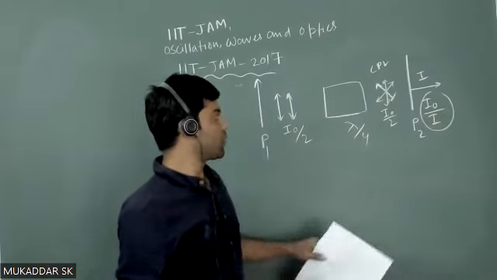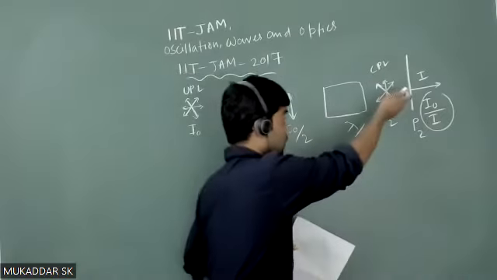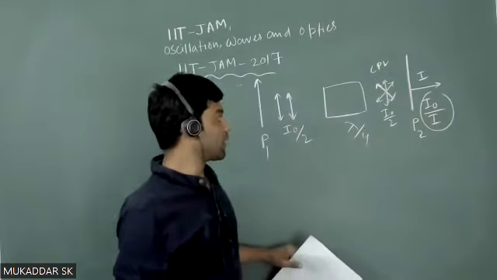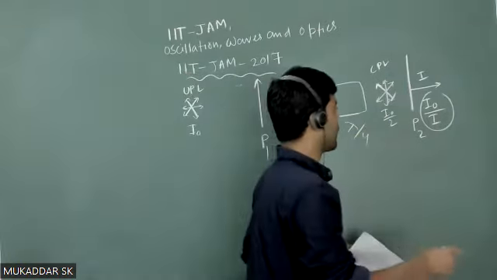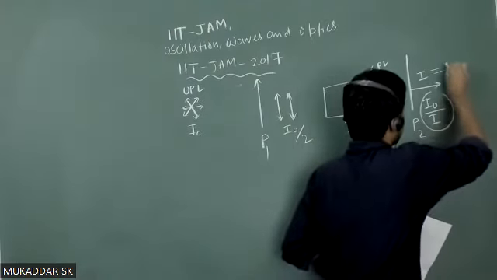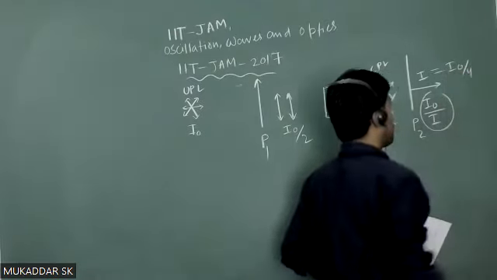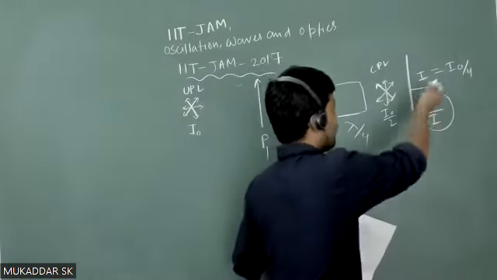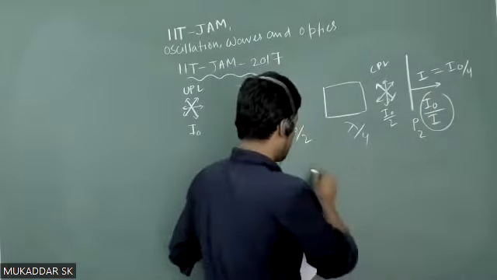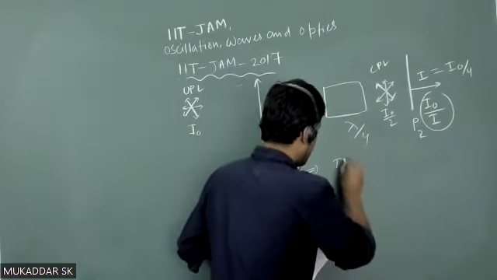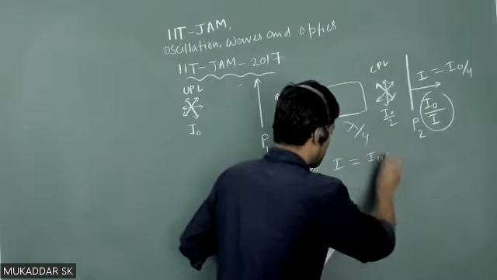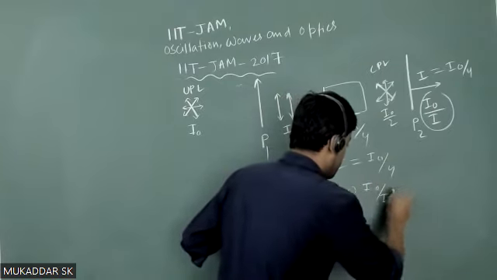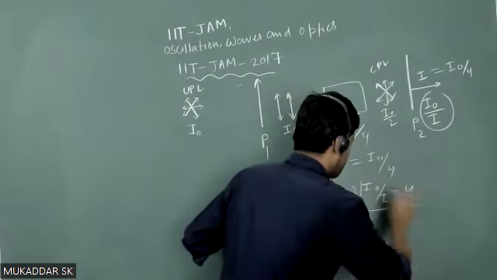So if you apply Malus law for this circularly polarized light also, the intensity of the outgoing ray will be I naught by 4, simply half of the initial value. So I equals I naught by 4, which means I naught by I will be 4. So the answer will be 4.